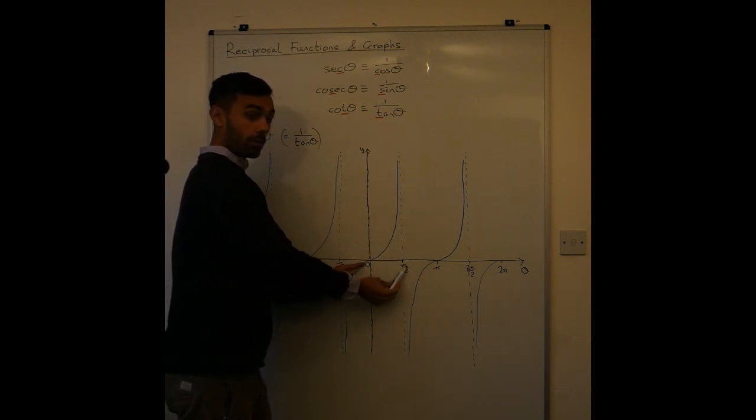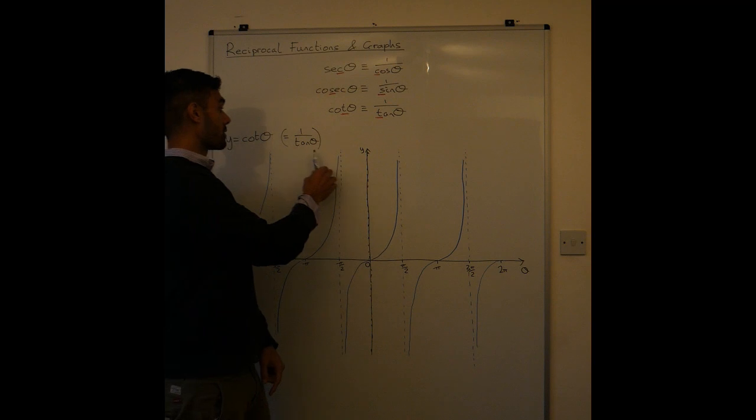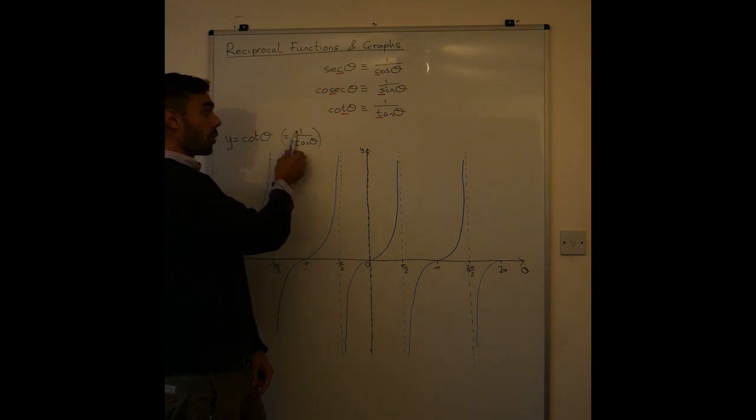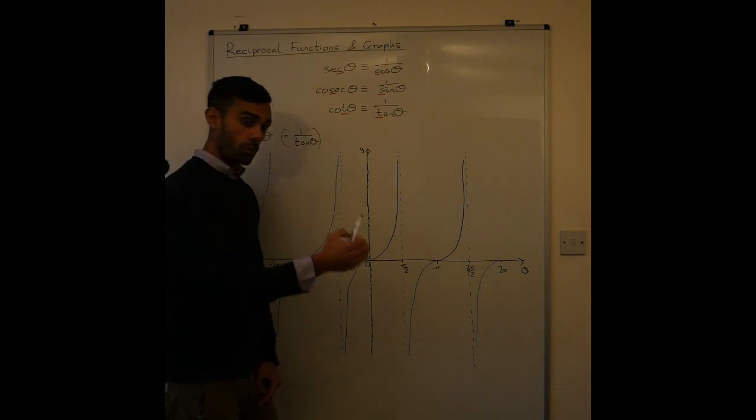So we've got an asymptote, and cot is starting somewhere up here, and then as you move from 0 to pi over 2, tan becomes extremely large, which means cot is 1 divided by a very large number. 1 divided by something very large gives you something very small.